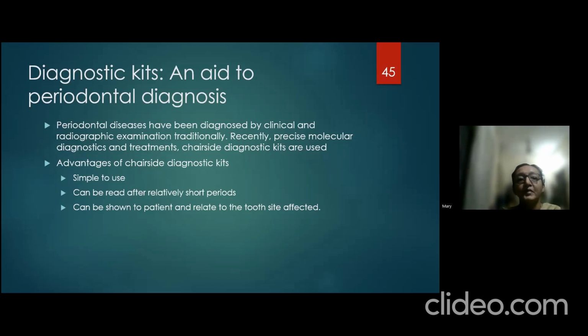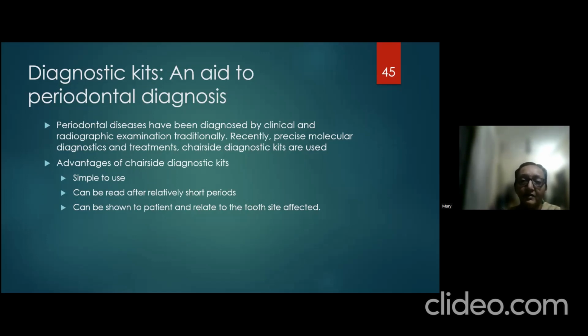We already know that periodontal disease can be diagnosed clinically and radiographically. Now precise molecular diagnostic methods and treatments have been introduced using these chairside kits. So what are the main advantages of these chairside kits?